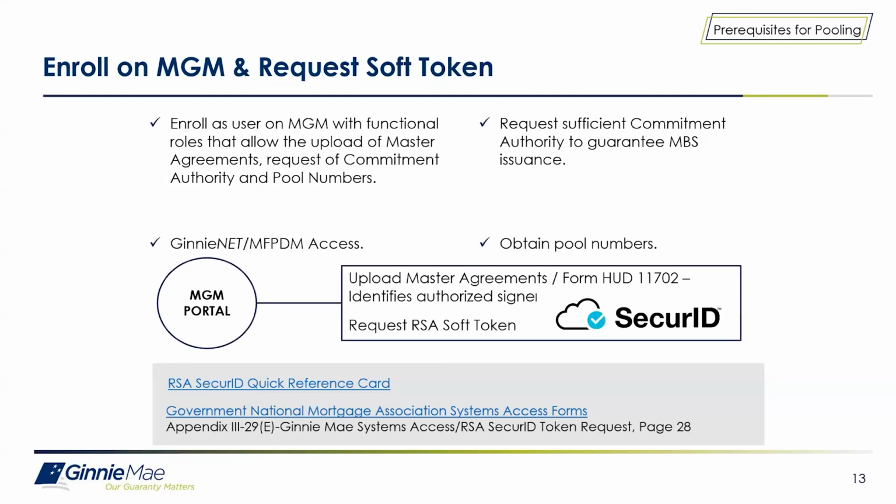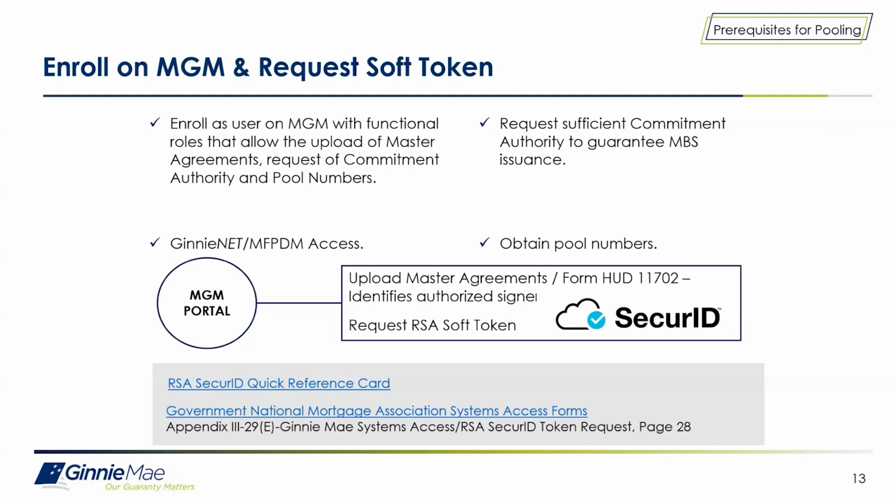Okay, some of the things, of course, you have to request a soft token and be enrolled as users on MGM with functional roles that allow the upload of master agreement requests, commitment authority, and pool numbers. Those are some of the things we enroll you as. You request commitment authority to guarantee your MBS issuance. And of course, if you don't have commitment, you can't issue those pools, and you also need to have sufficient commitment when you're issuing those pools.